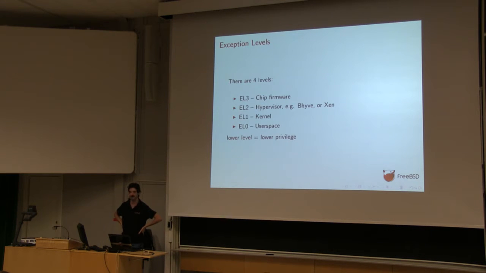Or Xen lives there, and then we've got the kernel and user space. So as the number gets smaller, you get fewer privileges. And so L0, 1 and 2 are on the non-secure side. You don't get a hypervisor on the secure side, so you only get 3, 1, 0. And L3 is on the secure side.